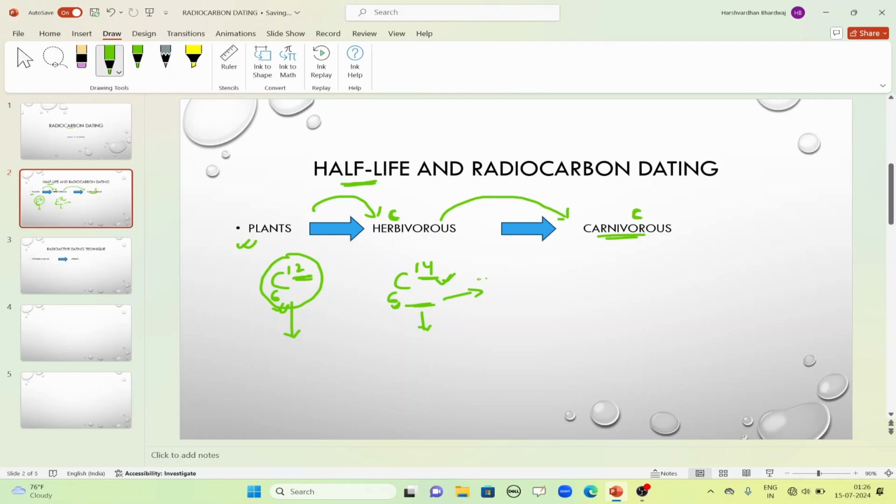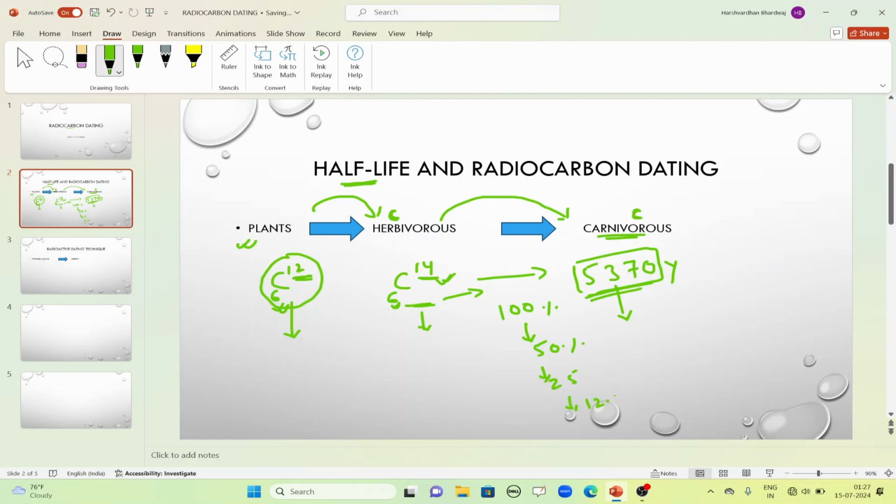Its half-life is approximately 5,000 years; to be precise, it is 5370 years. This means that if we start with 100% of carbon 14, after 5370 years its amount will be 50%. After one more half-life it will be 25%, and then 12.5%.